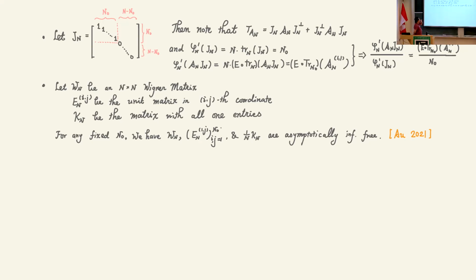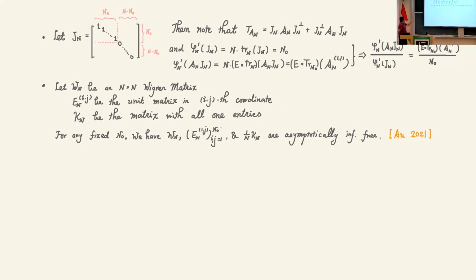Then let's recall a nice result by Benson Au. He proved that as long as we have the Wigner matrix, and some E_N^{ij}, which means only the ij position is 1, all others are 0, and K_N we consider the all-ones matrix, then in Benson's result in 2021, he proved that all these three will be asymptotically infinitesimal free.